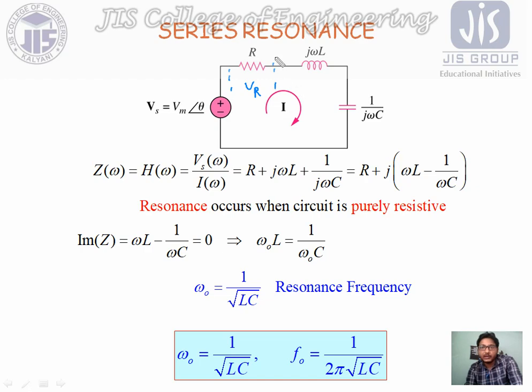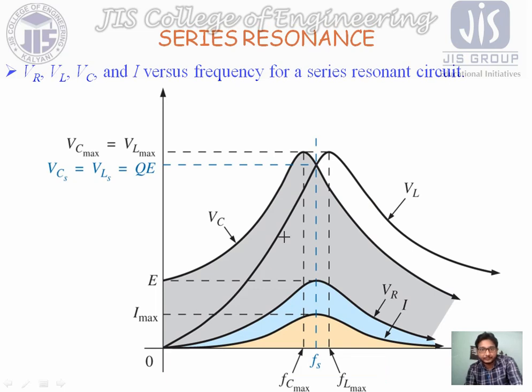So if we take the voltage across the resistor, inductor and capacitor and make a graph based on frequency, we will get these types of curves for voltage across the inductor, capacitor and resistor. In the next part we can go for that. Okay.